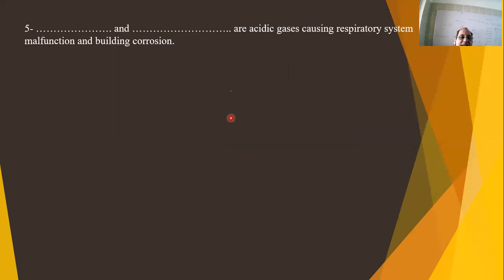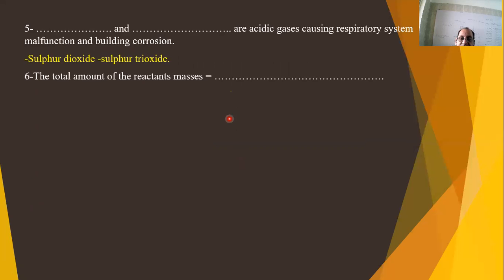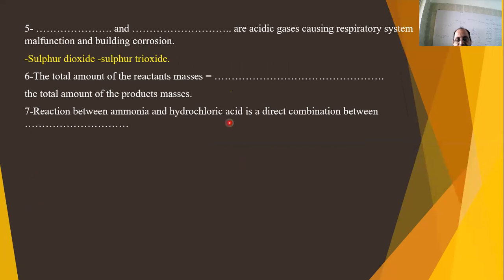Dot and dot acidic gases causing the respiratory system malfunction and building pollution, of course sulfur dioxide and sulfur trioxide gas. The total amount of reactant masses equal the total amount of product masses. This is the law of mass conservation.